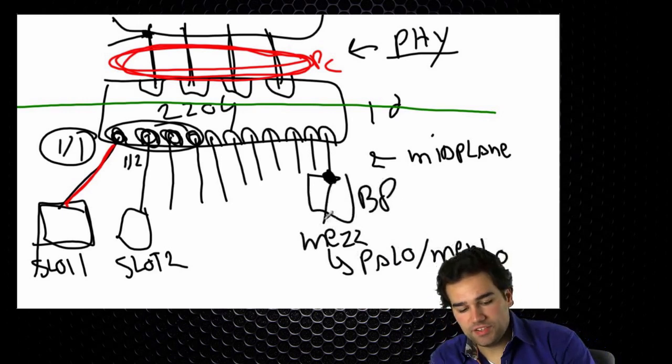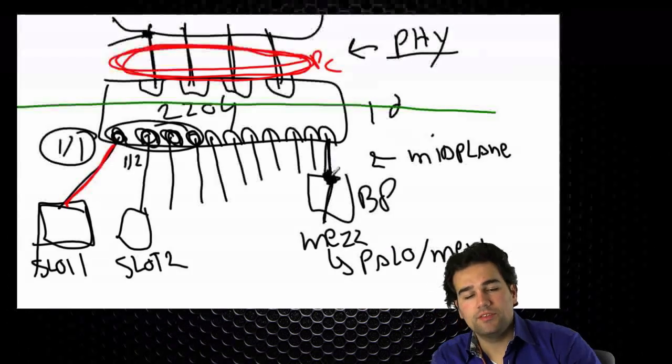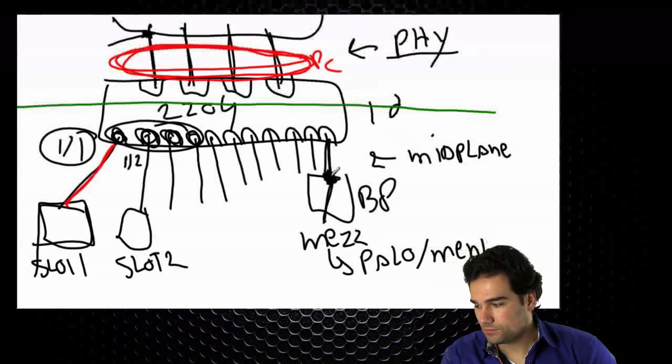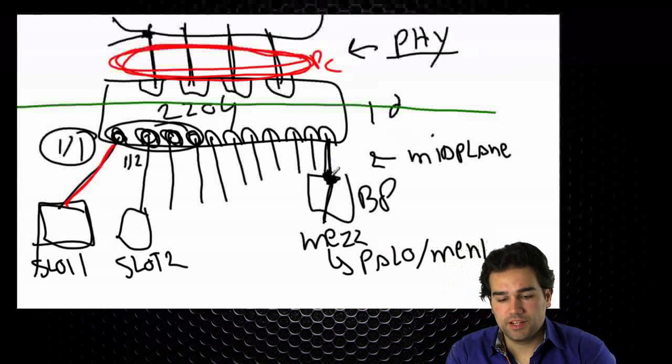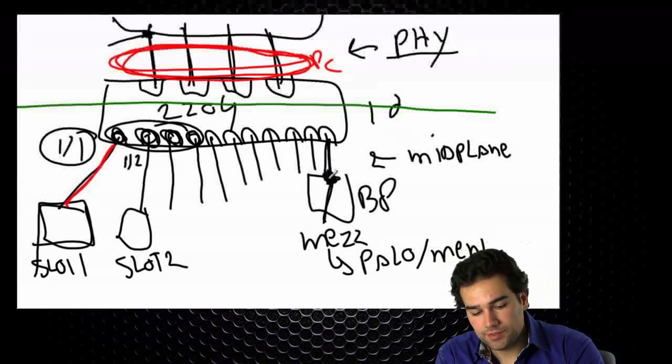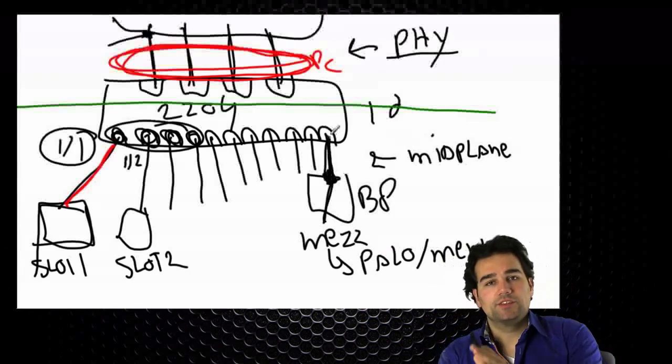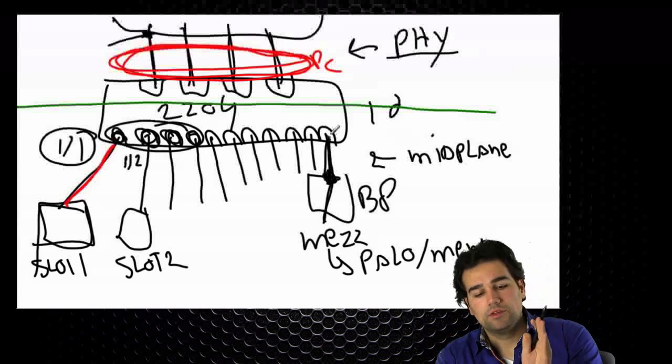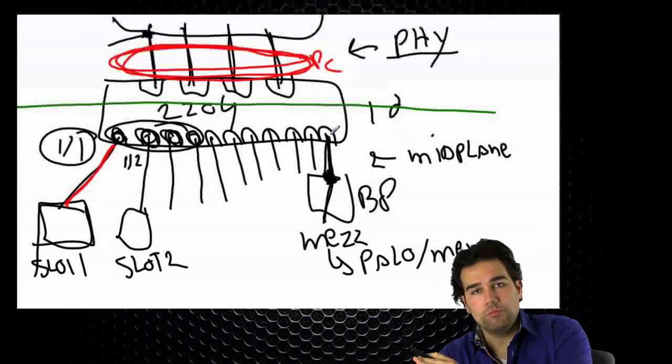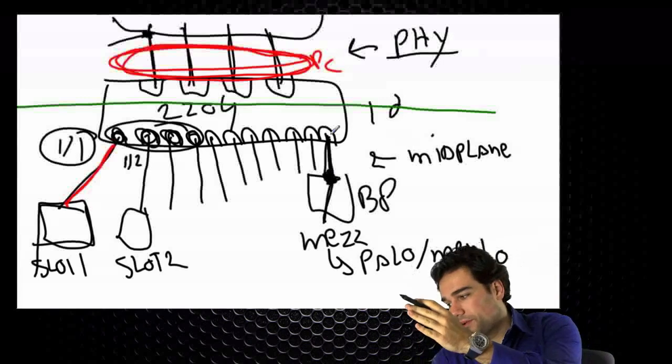That Palo or Menlo adapter is physically connected to one of the ports on the I/O module. That's what it's connected to. And of course one side of the link is connected to Fabric Interconnect A, and the other is connected to the other I/O module, which connects to the other Fabric Interconnect.